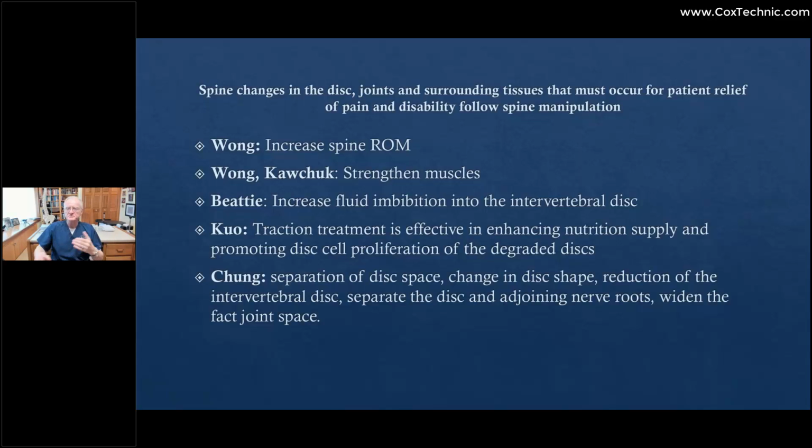Number 3, as Beatti showed in 4 papers, and I will present all 4 of those papers in Fort Wayne for your erudite study, Beatti showed that there must be an increase in fluid imbibition through the Wallace buds within the end plate of a vertebra, from the cancellous vertebral bone through the end plate into the nucleus pulposus of the disc.